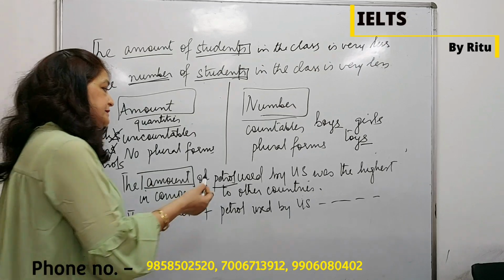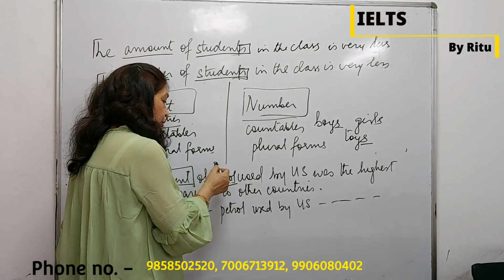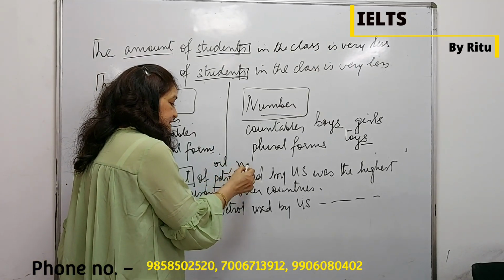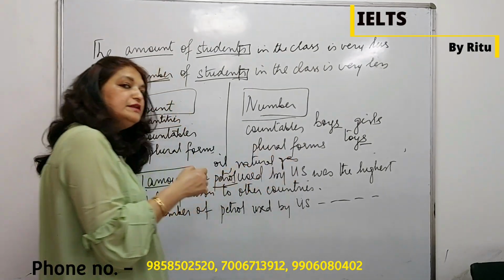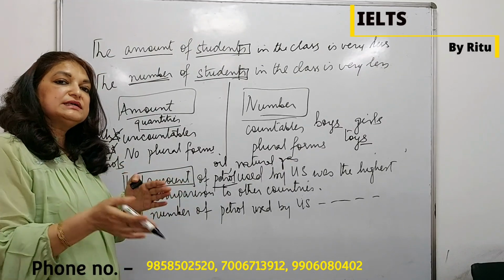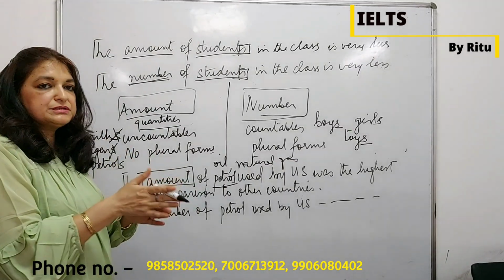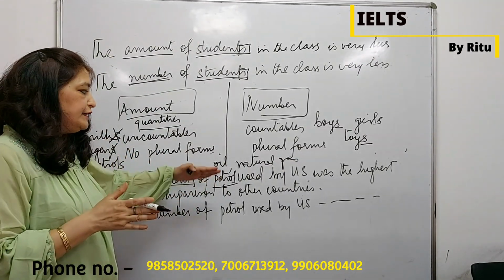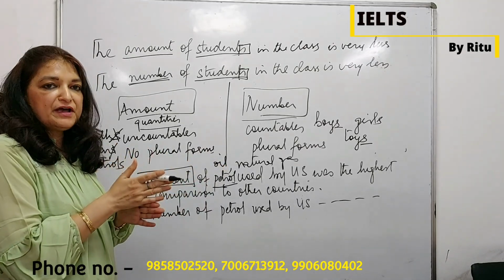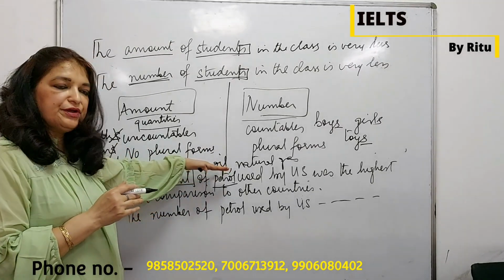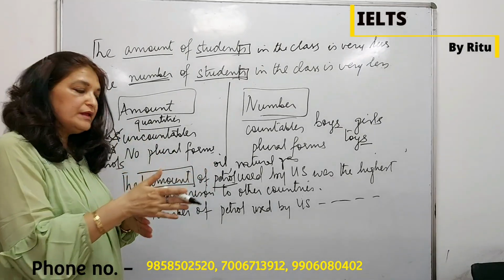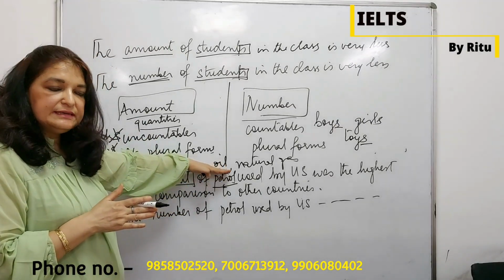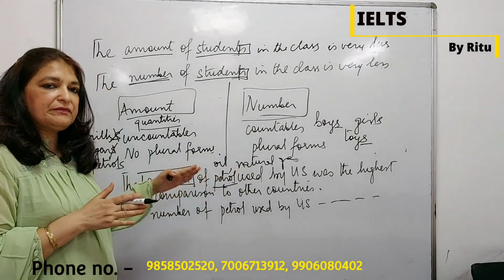It can be petrol, oil, natural gas, and there are so many task 1s where we are given information about the energy consumption patterns of the US, UK, Australia, and they have given it in the form of a pie chart how a particular country is using oil, or what is the proportion of oil being used by that particular country, or natural gas, or whatever.